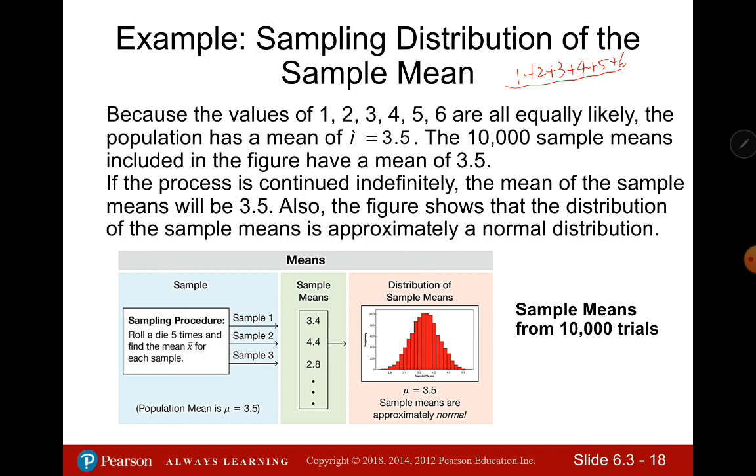Total we have 6 numbers. We will find it's just 3.5. This is how we get to the population mean, mu, because each number is equally likely. And if we use technology, we will find the mean of the sample means is also equal to 3.5.